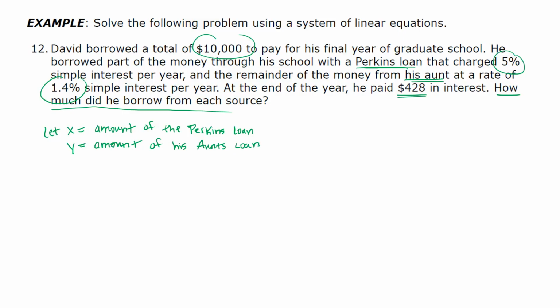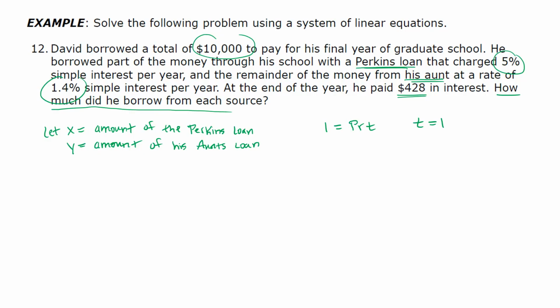Now, the interest formula is given by I equals PRT. Okay? And we know time is 1 year. Okay? So we need to now set up our system.